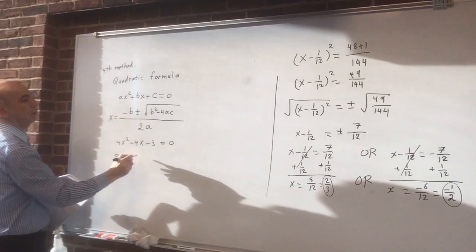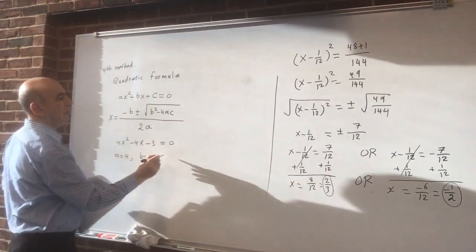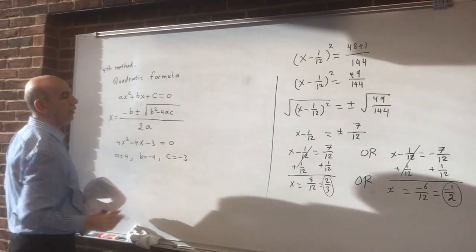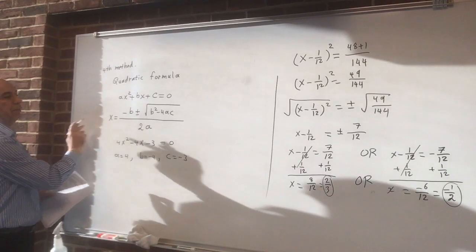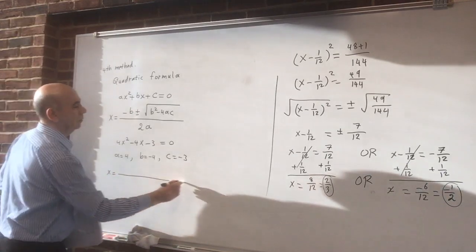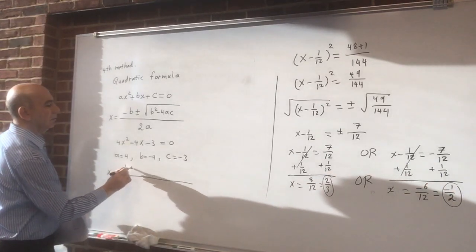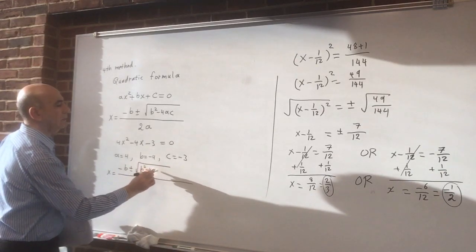B is negative 4, and c equals negative 3. So now apply this formula here. So x equals minus b plus or minus the square root of b squared minus 4ac over 2a.